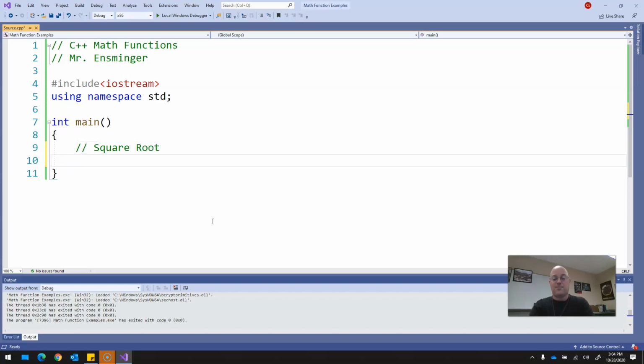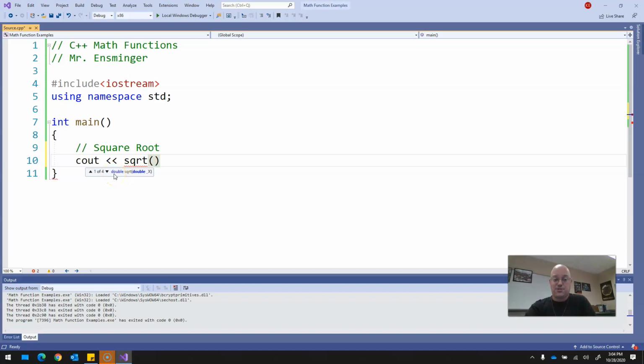So if I do something like, what is the Sqrt, hence square root, notice it pops up. It recognizes it. The way you interpret this is you send in a double, in the parentheses, and then it's going to return a double. It's going to give you a double as an answer. So you send in a decimal, gives you a decimal.